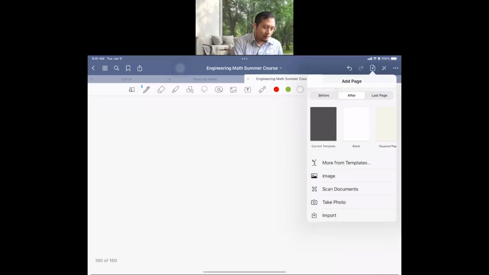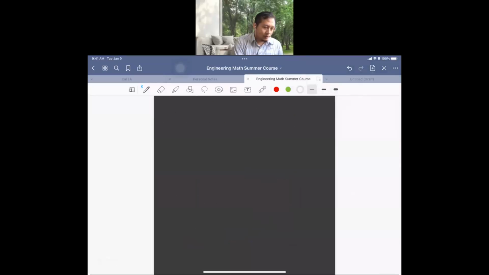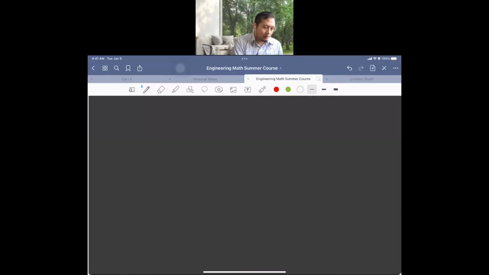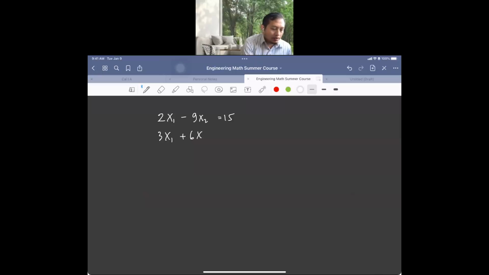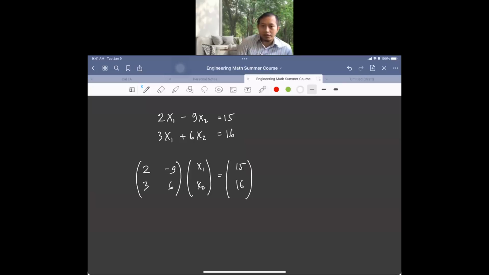Okay, now if we want to solve, let's say we have 2x1 minus 9x2 and 3x1 plus 6x2. We have these variables x1 and x2. We can write 2, -9, 3, 6, and then x1, x2, equals 15, 16.